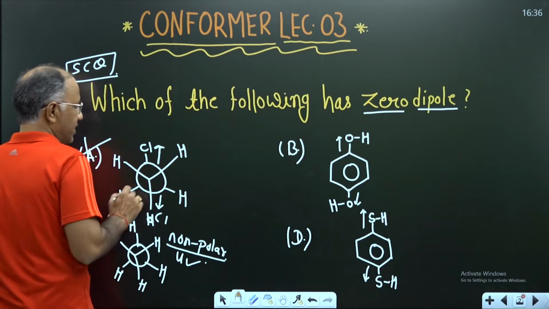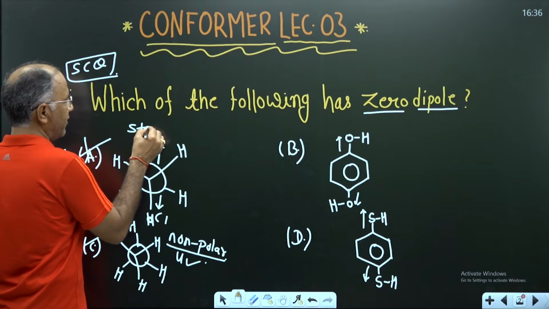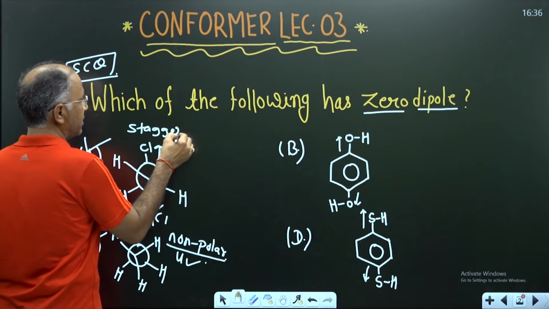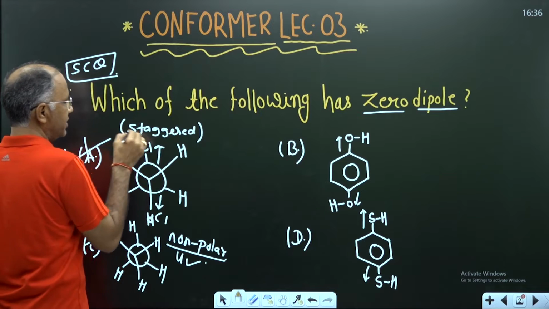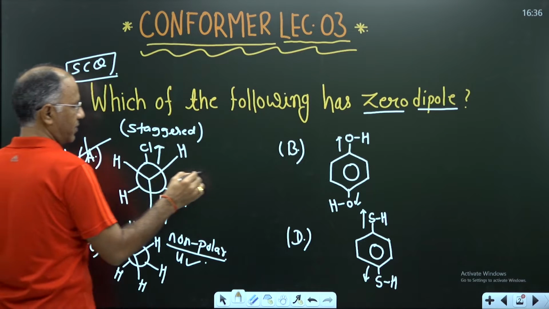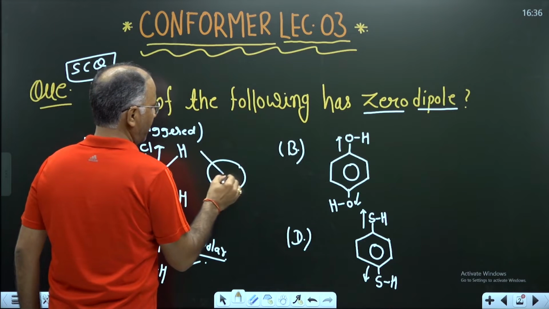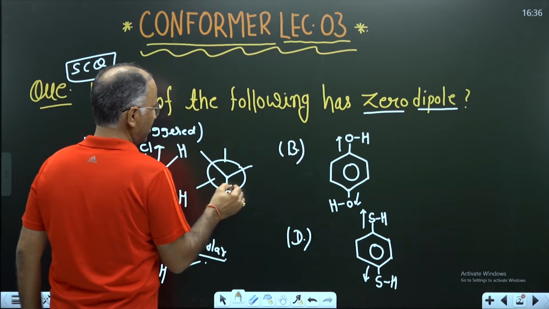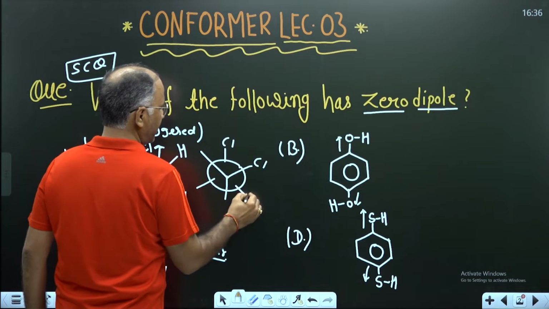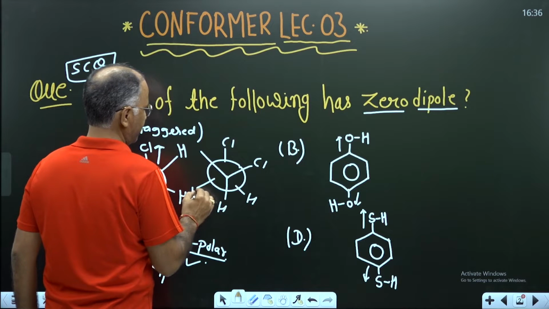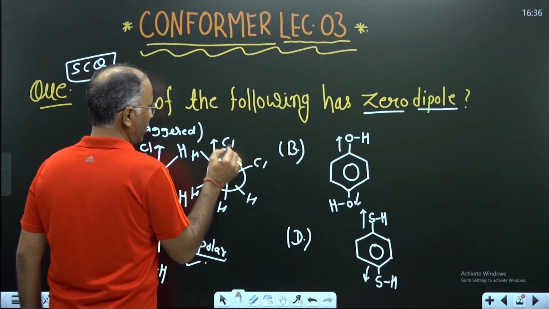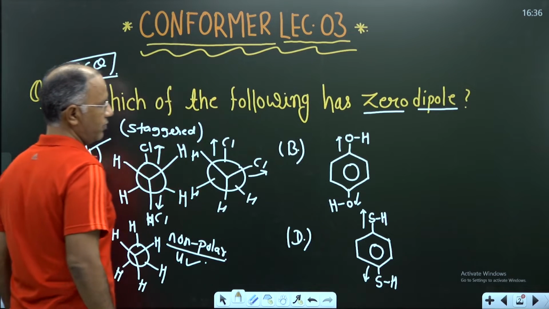The option given in A is our staggered conformer. Since the two chlorines are at 180 degrees, this means it is a staggered conformer. If I draw another conformer of this 1,2-dichloroethane, it is our gauche conformer. And this gauche conformer has a dipole value.